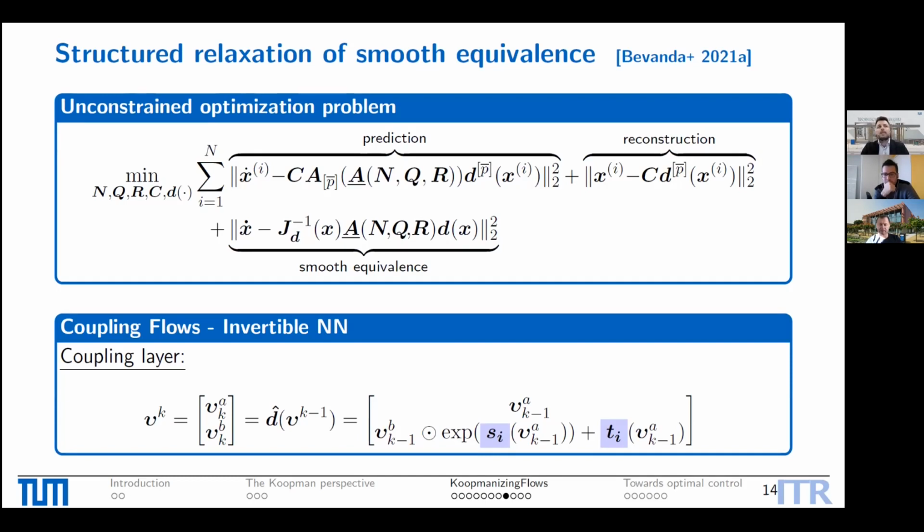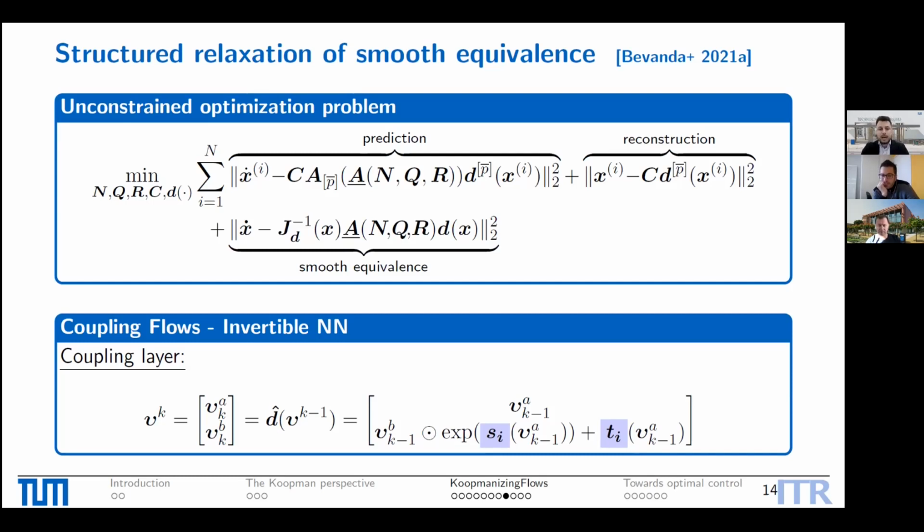This might have been done with Lagrange multipliers, but in this case, we consider a simplified scenario where this is just a soft constraint. And as mentioned, it's quite important that all of the candidate solutions, so every D that's been learned, is a diffeomorphism.